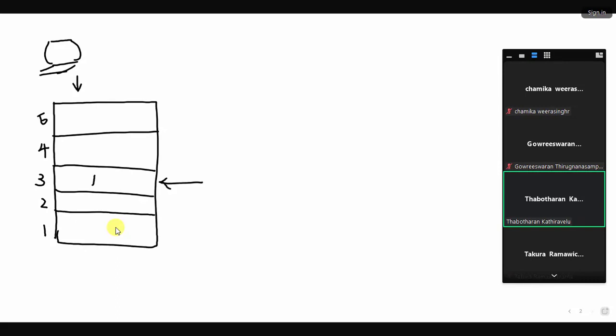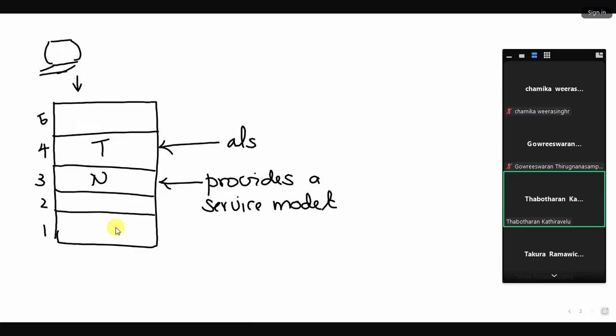Layer number 4, the network layer, provides a service model. And layer number 3, the transport layer, also tries to provide a service. Both are trying to provide a service.